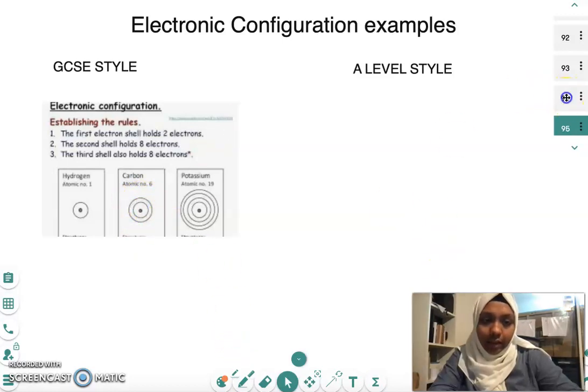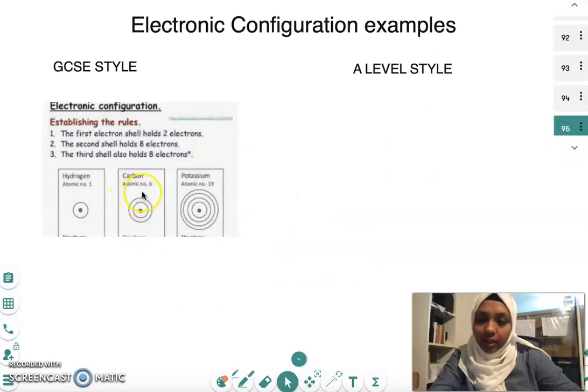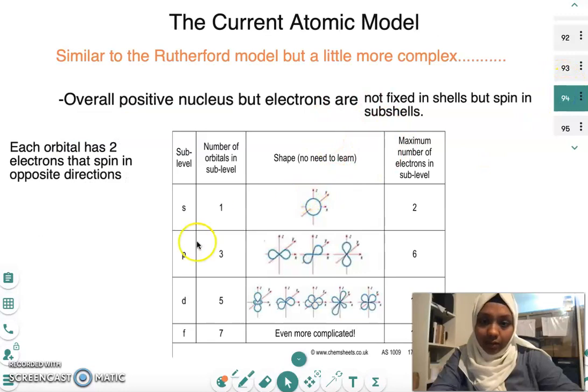Okay, now I'm just going to bring you to the A-level understanding. Instead of having these electrons in shells, we have them in subshells, or sublevels as this table has put it. We have 4 different types of subshells: the S subshell, the P subshell, the D subshell, and the F subshell.